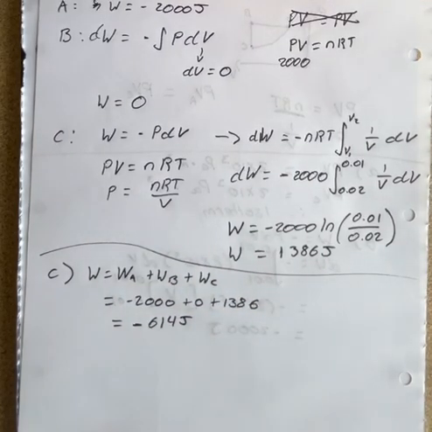Now, how do we interpret this? Well, the net work done on the gas is negative, meaning the gas does about 614 joules of net work on its surroundings over a full cycle. And plotting this on a PV diagram traces out a clockwise loop, since going from A to B is right, then B to C is down, and then C to A is up and left, back to the start.